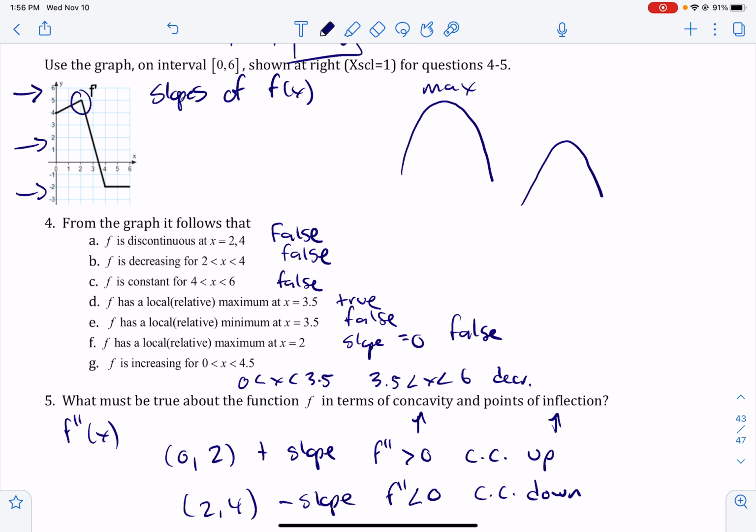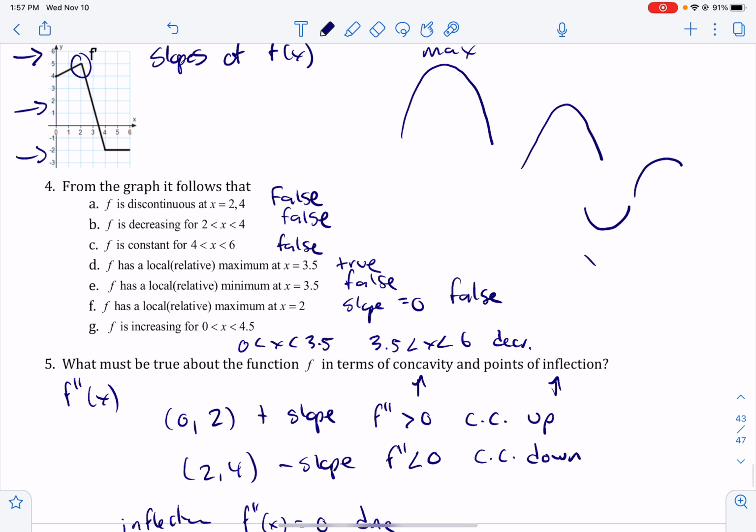At 2, I have a slope that does not exist. But I do know that before that point, I'm concave up, so I'm concave up until I get to 2. And then after that, I'm concave down. So that means that I have a point of inflection. So x equals 2 is an inflection point because I change concavity.